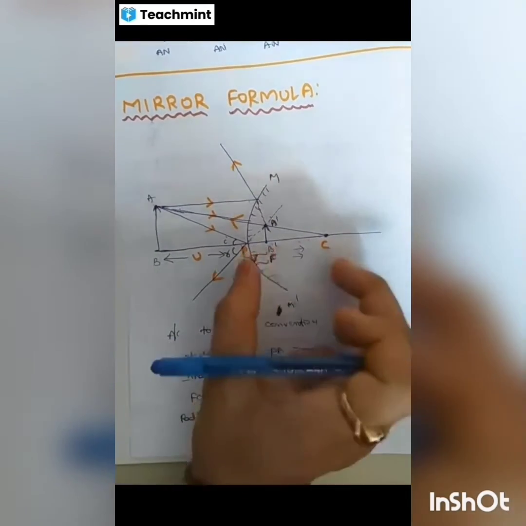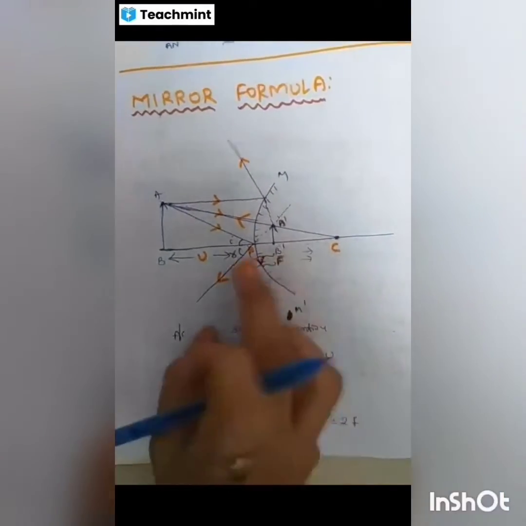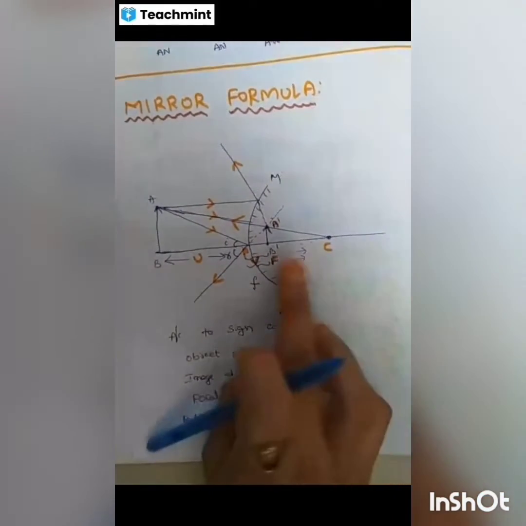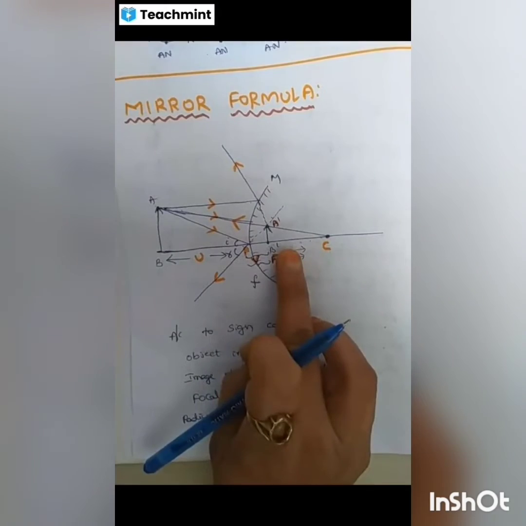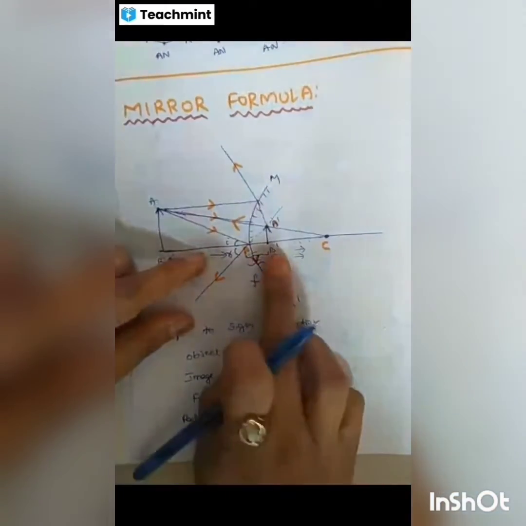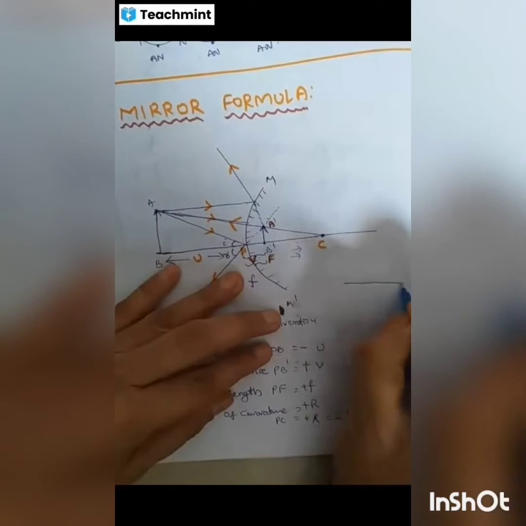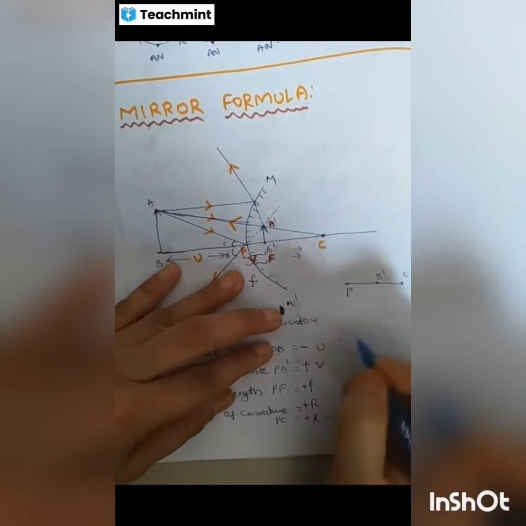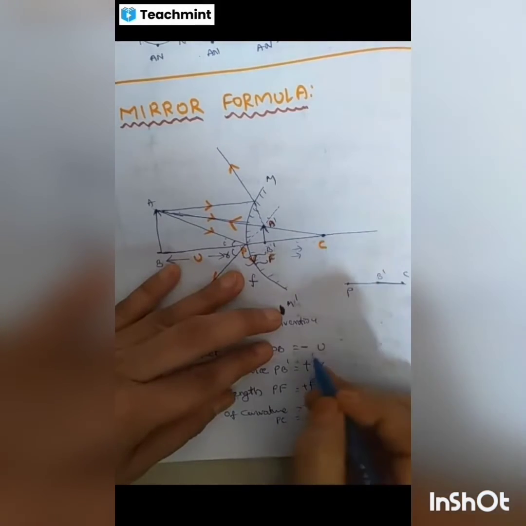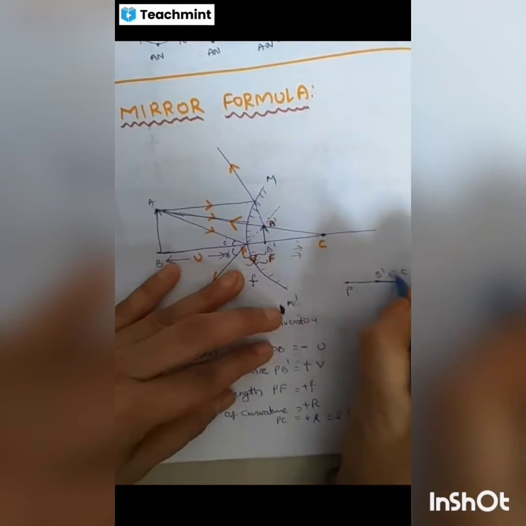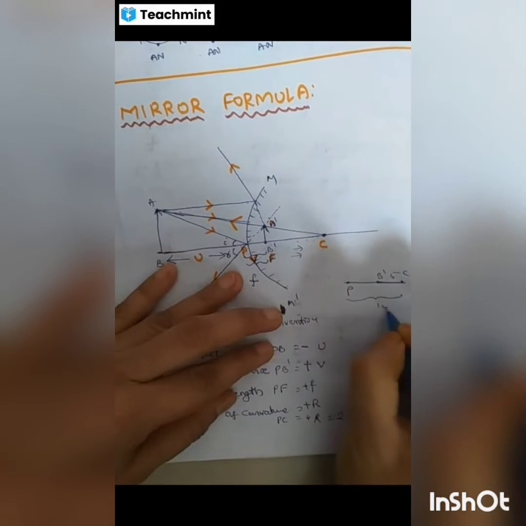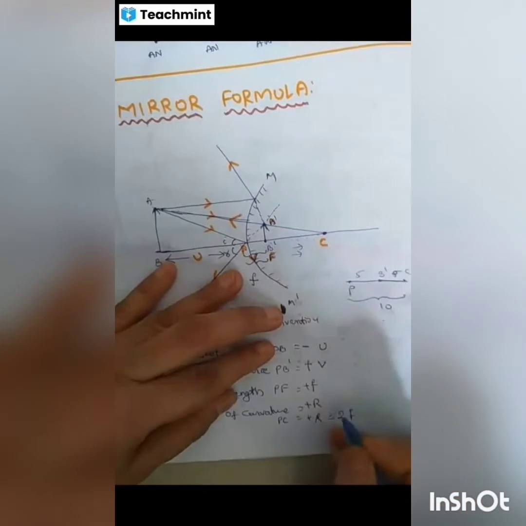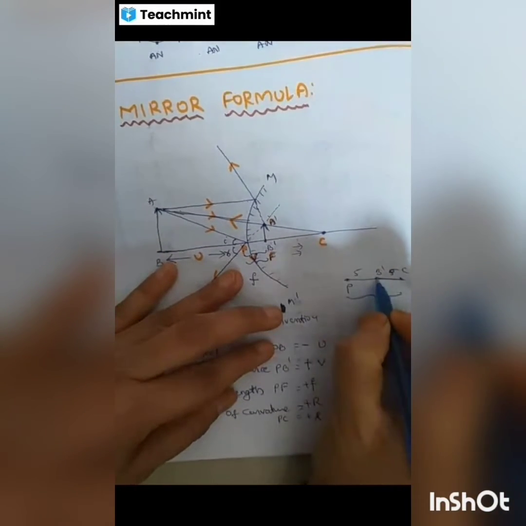So to get the values, we have to go with some other idea. B dash C can be written as PC minus PB dash. Here is B dash, here is C, here is P. For example, say this is 5 and the total is 10. We don't know B dash C, but from here to here it is 5.